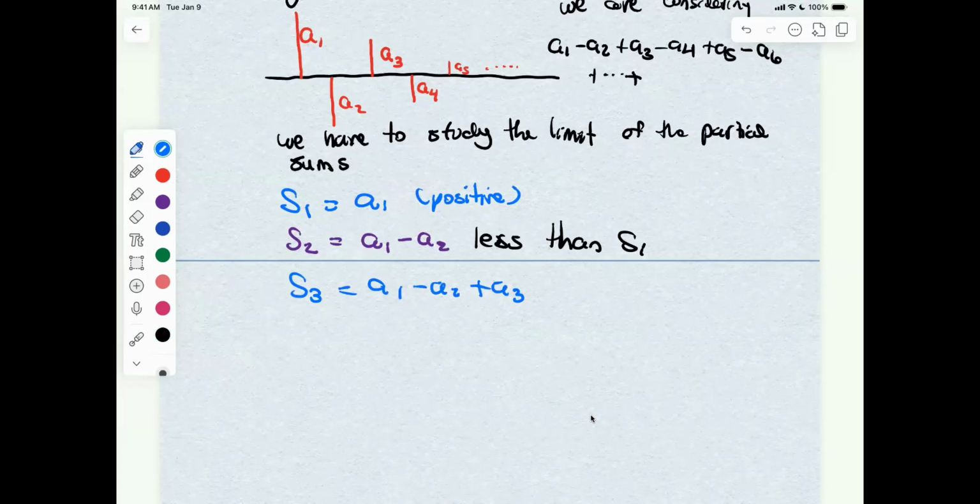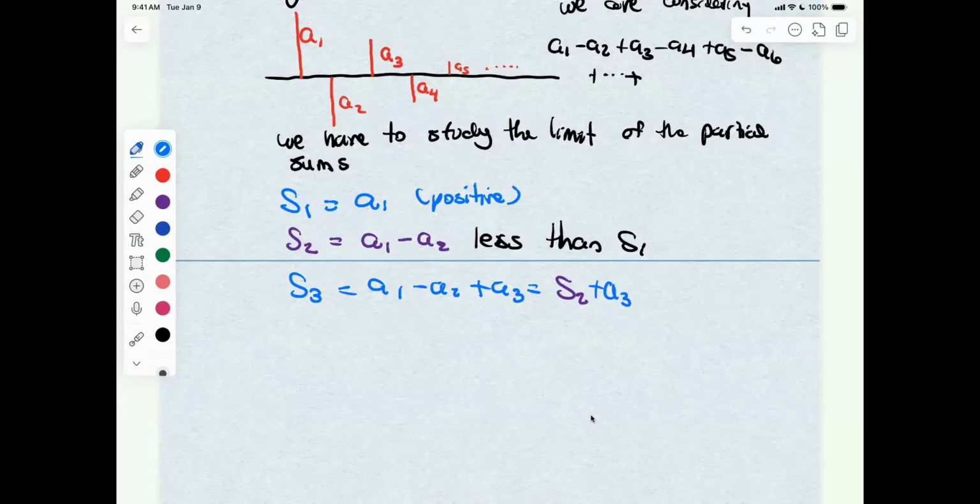One way is that this is the sum of the first two terms, which is S2, so this is just S2 plus A3, which is how partial sums work: the next partial sum is the previous partial sum plus a new term.